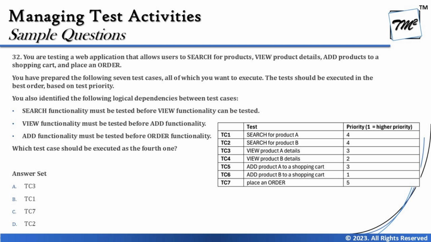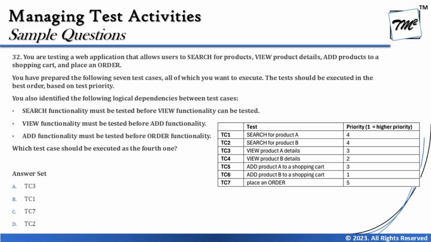And if you continue further, the 3 is given to view for product A. If I compare 1, 2, 3 alone, I see that 1 and 2, the highest priority, is given to product B, whereas 3 is given to product A. So one thing I can conclude from here is that when I have 2 products A and B, the scenario wants us to execute product B at higher priority than A. Okay, so it's one assumption I can really conclude from here, that product B is on higher priority than A.